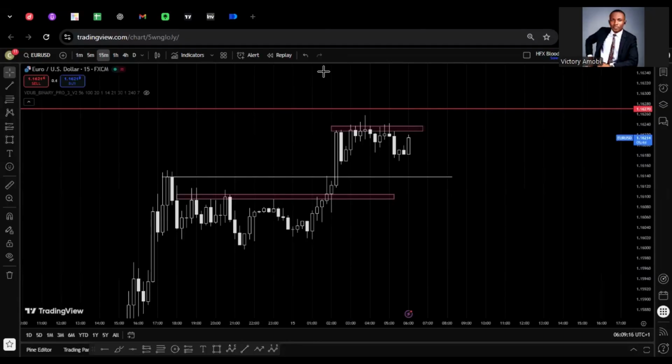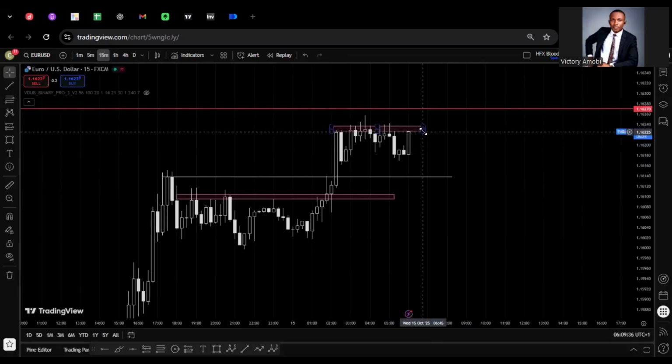So perhaps this is actually a very good point to enter a sell once the market gets here, since it has been respecting this point for the longest time.